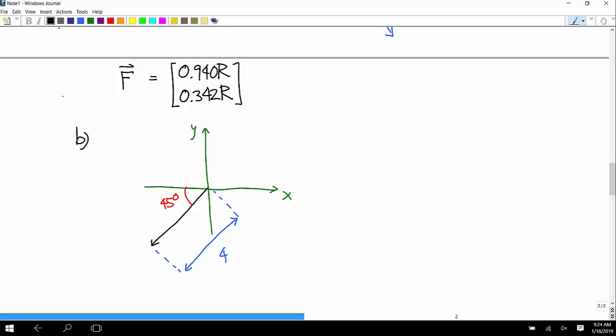So 4 times cosine of 225, 4 times sine of 225 is negative and negative. 4 times 0.7071 is 2.828, right?